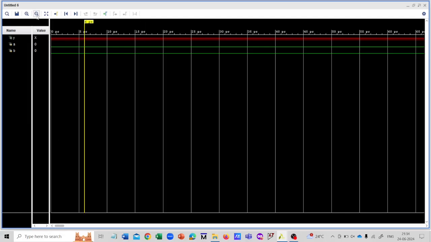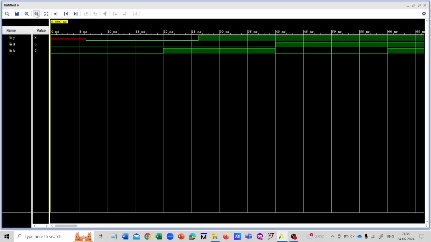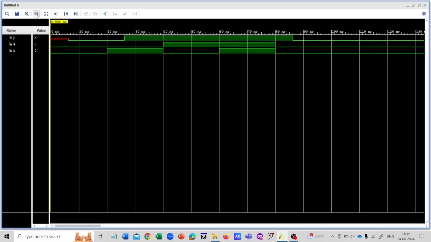Let us just shrink this. You can see a lot of reds in the beginning. That is because the output will converge only when the delay has elapsed.